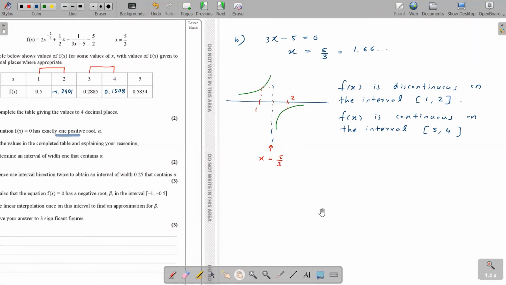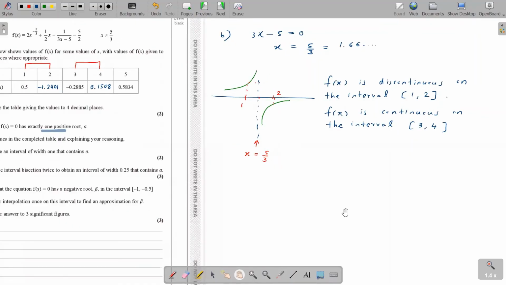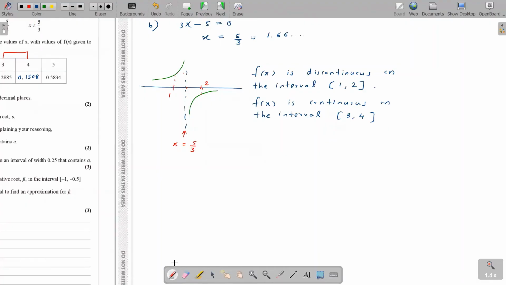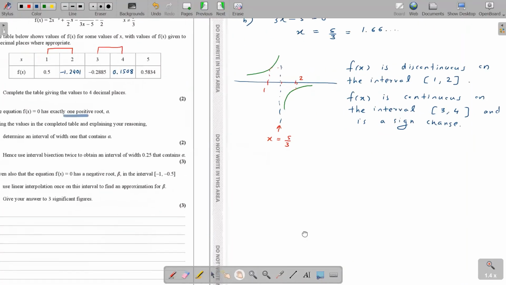In your answer, you must also mention the sign change, because the sign change is the other thing that tells us there is a root. So f(x) is continuous on the interval 3, 4, and there is a sign change. Can you understand? And there is a sign change.